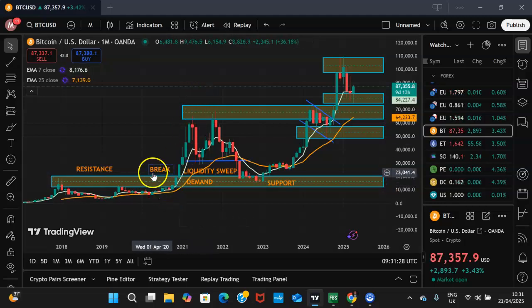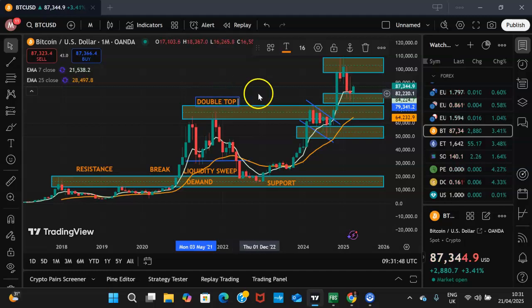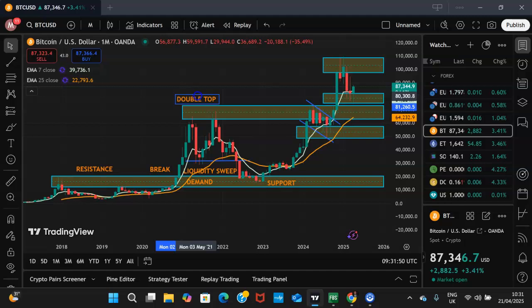Now, at the break of this resistance zone, price did a huge bullish momentum move into the upside. At this junction, we have a new resistance zone which happened to also be a double top. And a double top signifies bearish movement.